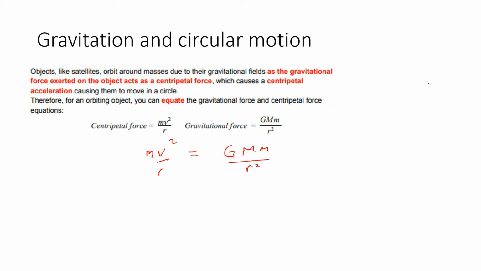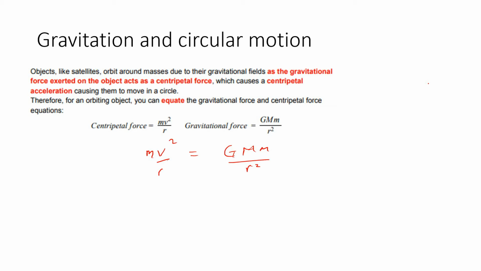So if that's the case, then we can equate both things to say that whatever my gravitational force is, my centripetal force will be the same, because it is the gravitational force that is really causing the centripetal force at that point. Okay?